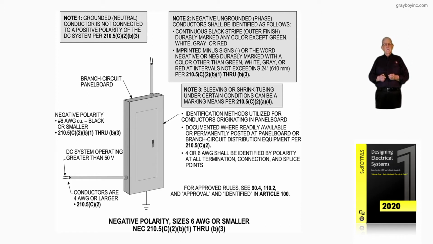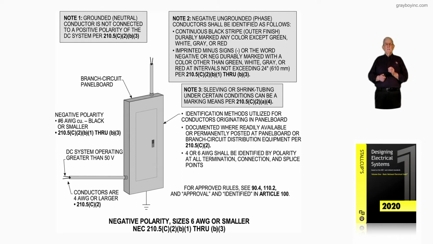Now, first of all, let's review our notes again. And the grounded neutral conductor is not connected to a positive polarity of the DC system as prohibited by 210.5(C)(2)(b)(3). Note 2, the negative ungrounded phase conductors should be identified as follows using the 2 bullets. The first bullet, continuous black stripe, outer finish, durably marked any color except green, white, gray, or red.